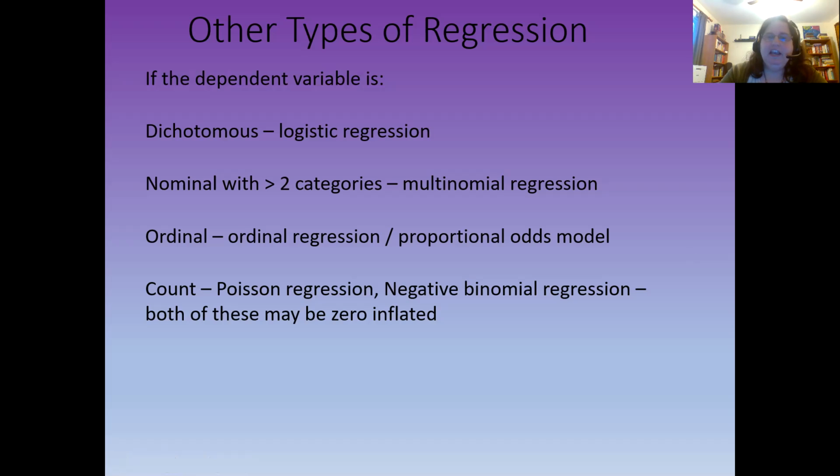And finally, count. Count is when you would do a Poisson regression or a negative binomial regression, and both of these can be zero inflated. Okay, so let's talk about the number of times a person goes to therapy, mental health therapy, number of visits they make, and our predictor could be the severity of illness.